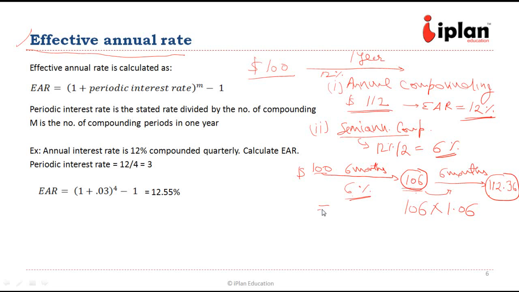So clearly the interest rate in this case will be 12.36%. This 0.36% extra is due to semi-annual compounding because we have compounded twice in that period.